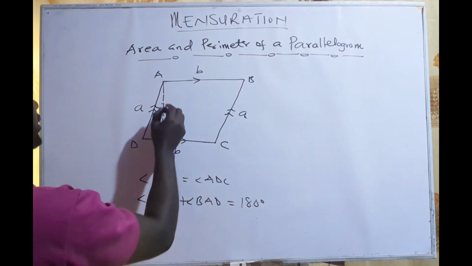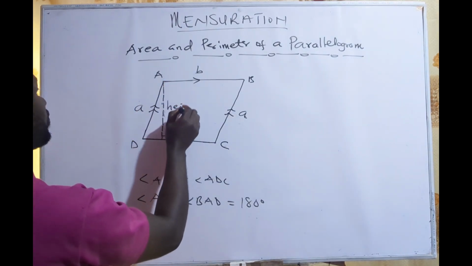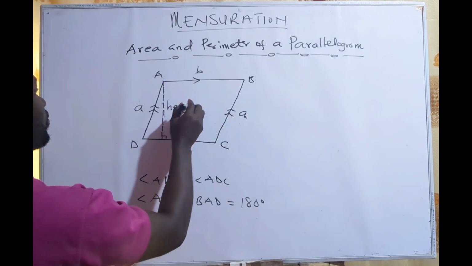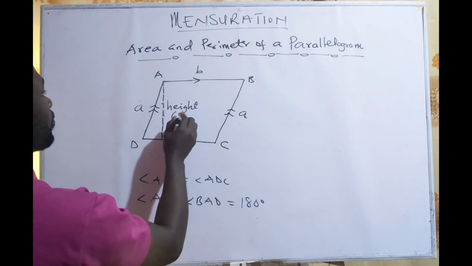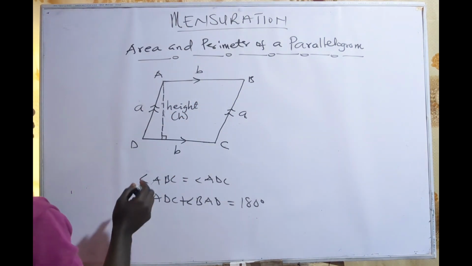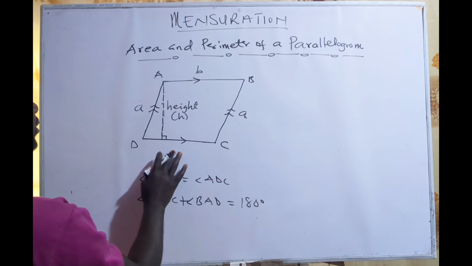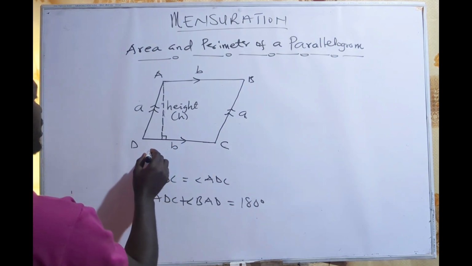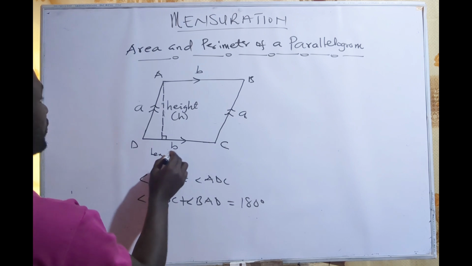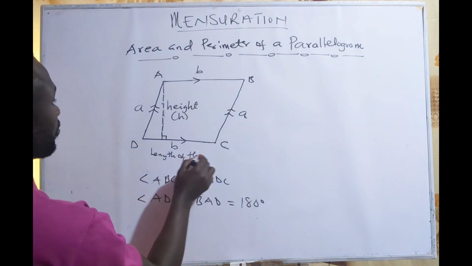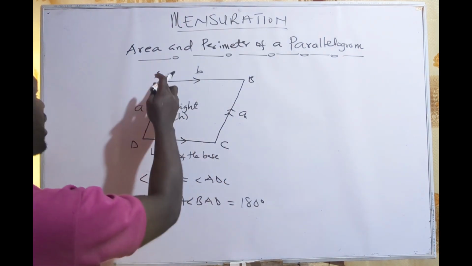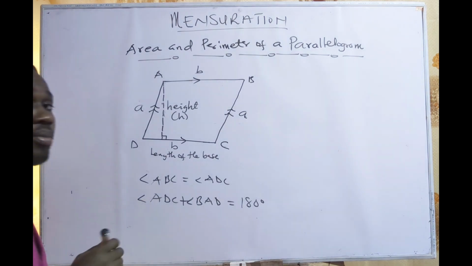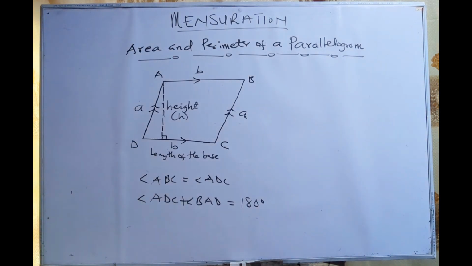So this is the height, H, and B is the length of the base. Because the height is here, then here becomes the base.